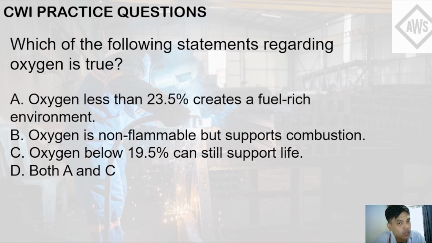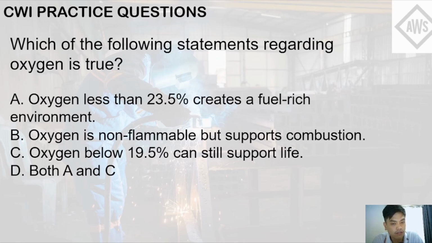This is especially important for confined spaces, wherein before the welding activity commences, the safety personnel need to check via a gas detector or whatever instrument that the confined space will not exceed the 23.5% threshold for creating a fuel-rich environment. So letter A is not correct.